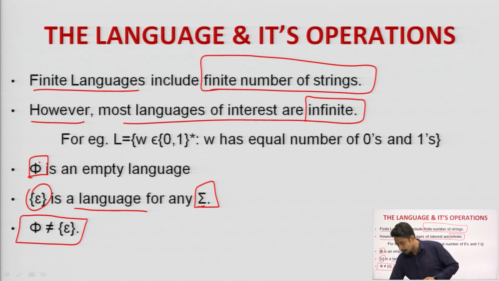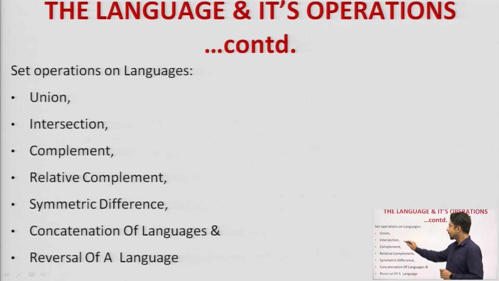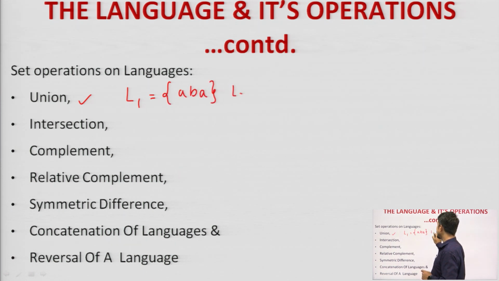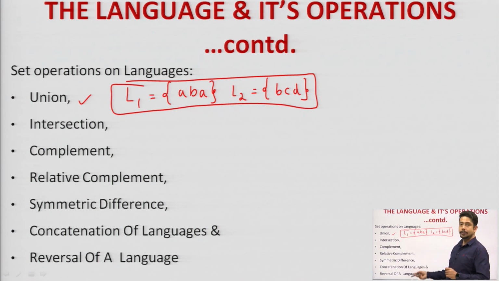Let us go with the next part, where we will see some of the operations on languages, like union. If L1 is A B A and L2 is B C D, then definitely we can do a union of these two languages. Intersection means the common part, that means the string which belongs to a language L1 must also belong to language L2.